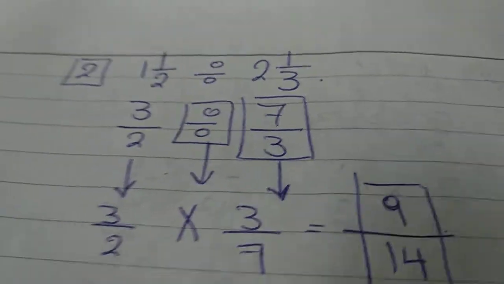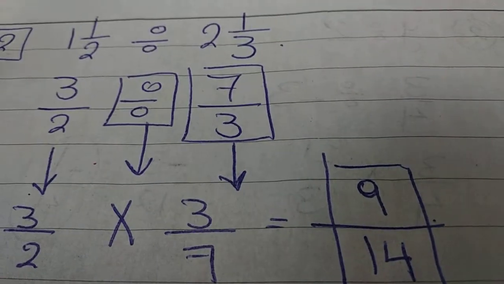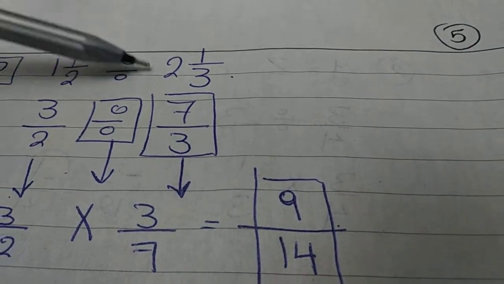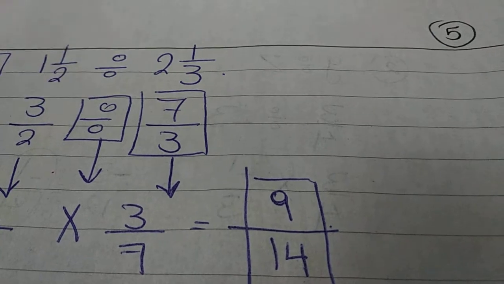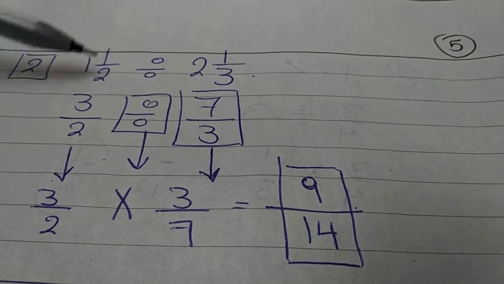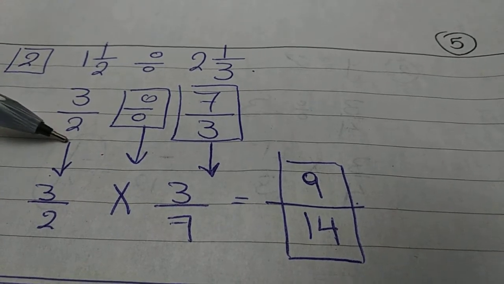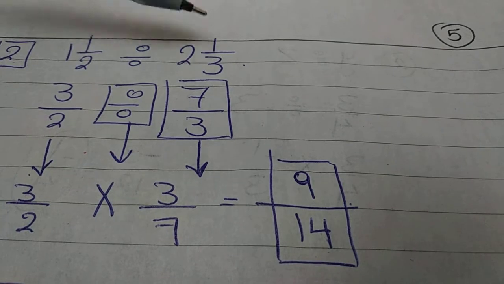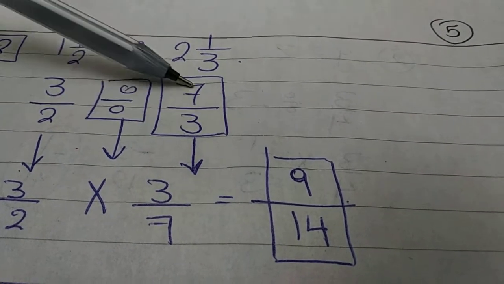If I have mixed numbers, I should change them to be improper fractions. I should write them in the form of improper fractions. So 1 and 1 over 2, by using the calculator, will be 3 over 2. And 2 and 1 over 3, by using the calculator, will be 7 over 3.